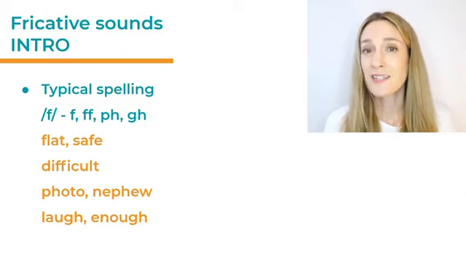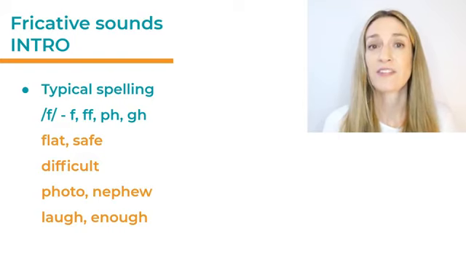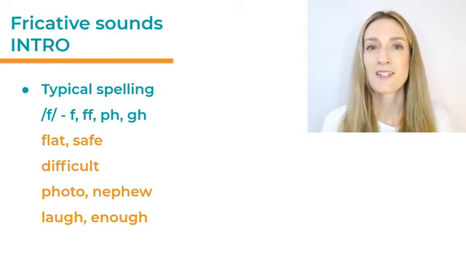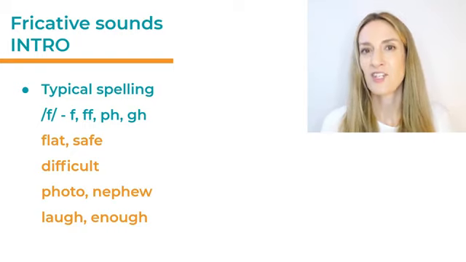Let's have a look at the typical spelling. First of all, of the sound f. The typical spelling of f is usually F, double F, PH, and sometimes even GH. Let's have a look at these example words.